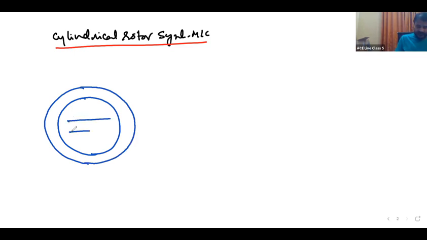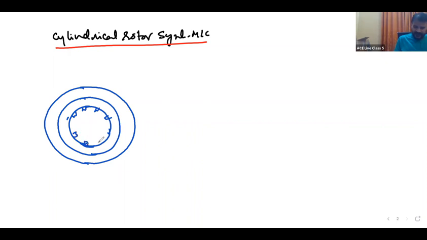This is the rotor; I have to take a cylindrical rotor. This is a cylindrical rotor, and on the cylindrical rotor there will be windings.